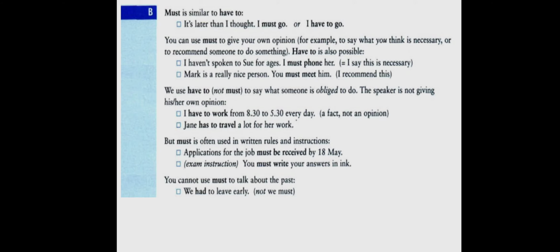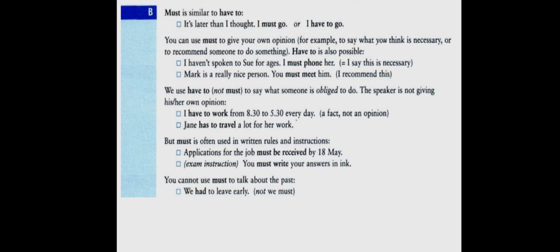But if we speak about rules in general, suppose a person wants to drive a car, he has to get a driving license. It is a rule to have a driving license in order to drive a car. So we say he has to get a driving license.